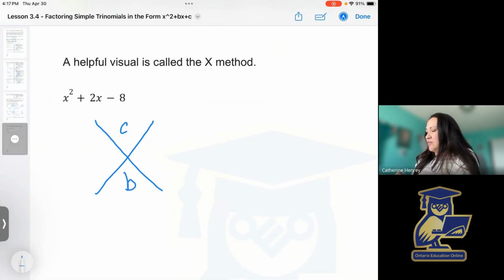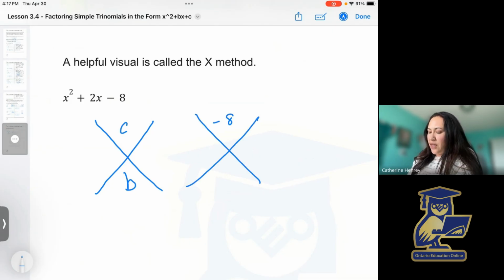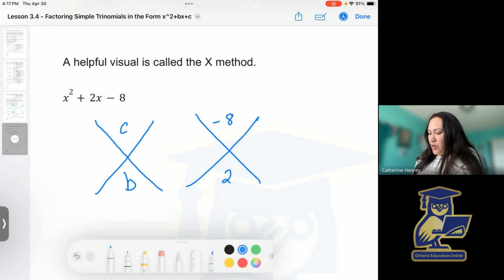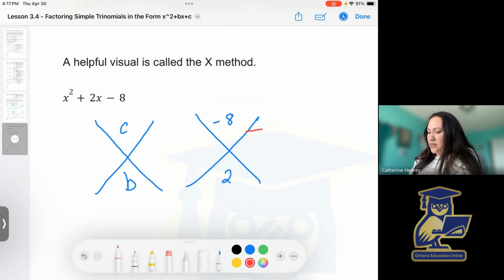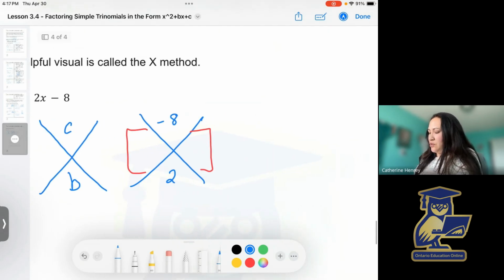So just as I've been writing it down right underneath the question, you can put it into an X like this. For the example that we're looking at, C would be negative 8 up here, and B is 2. So what you're looking for in these spaces, again, are just the factors. What numbers multiply to give you negative 8 and add to give you 2?